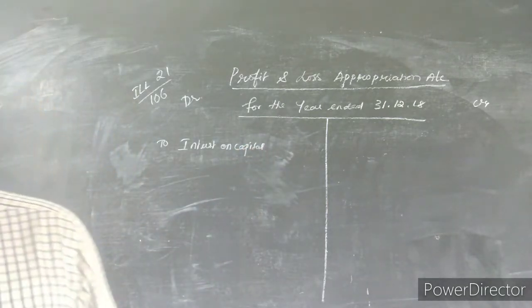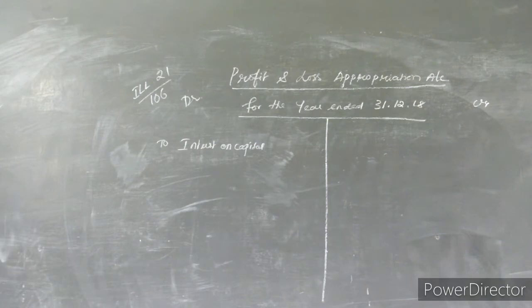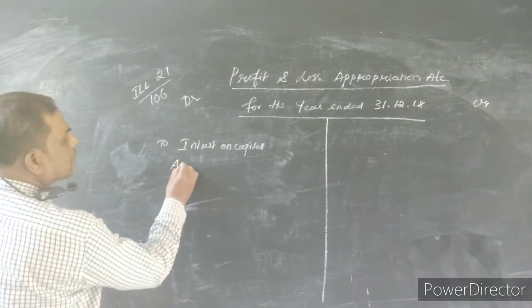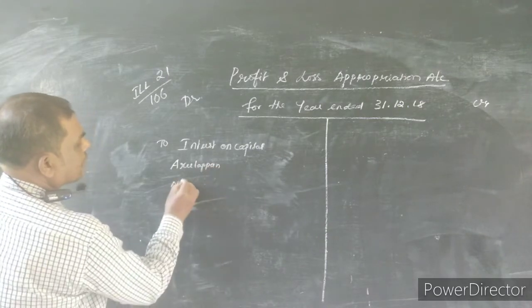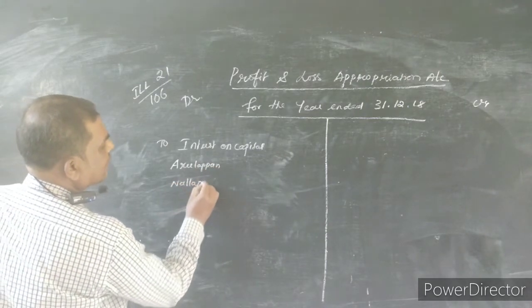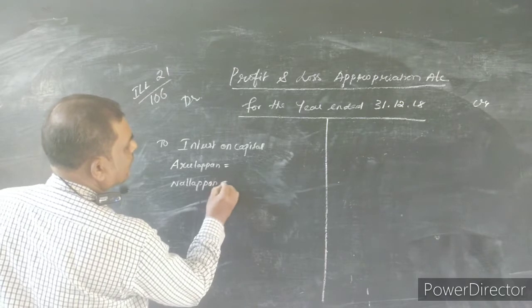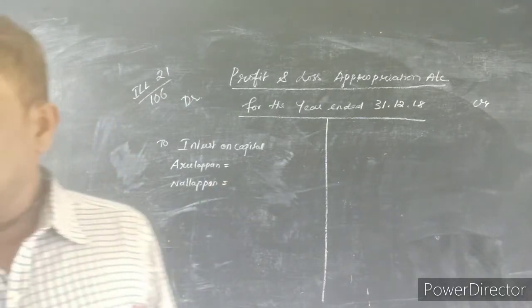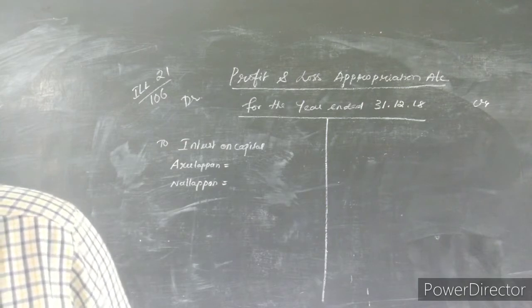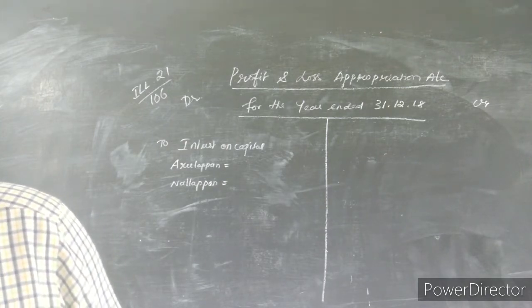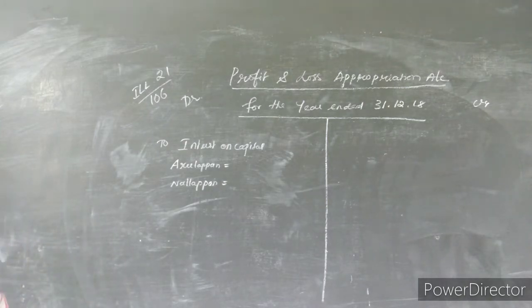Here we have to calculate one by one: Arulappan and Nallasamy, because he has given only the capital amount and the interest rate. What is the capital amount? For Arulappan 20,000, Nallasamy 10,000, interest is 5%.